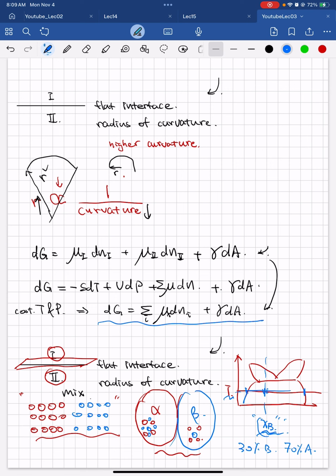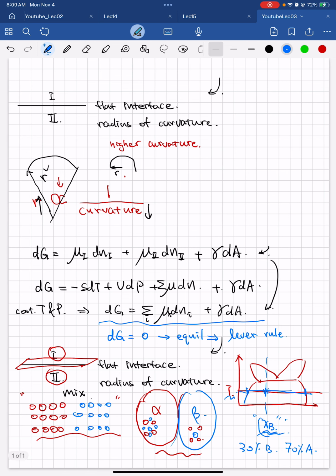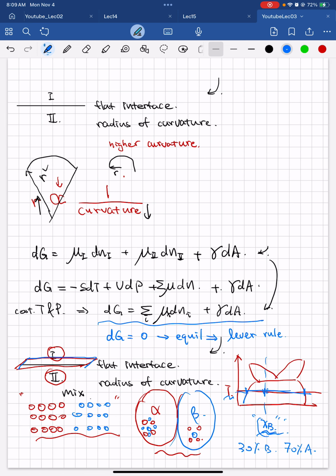So when this dG becomes 0, it will reach equilibrium and achieve this graph, so we can calculate using the lever rule, okay? Which means before equilibrium, this surface is movable. Movable meaning the amount of 1 and amount of 2 are changing.